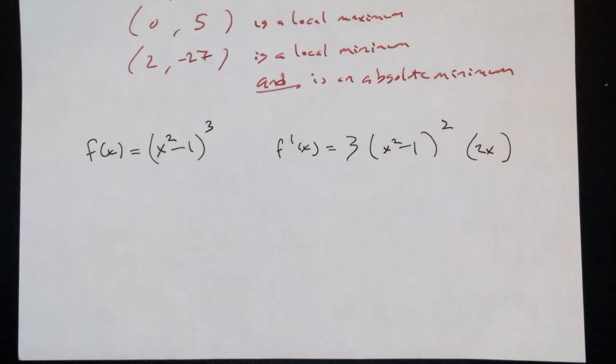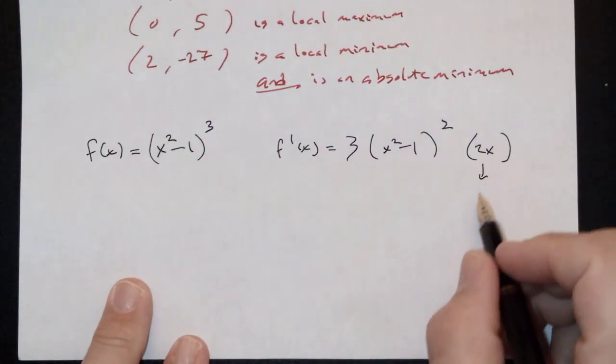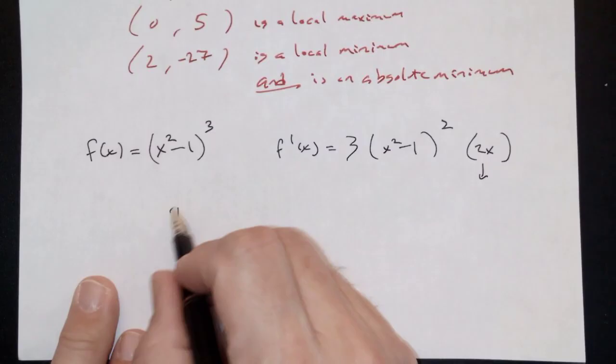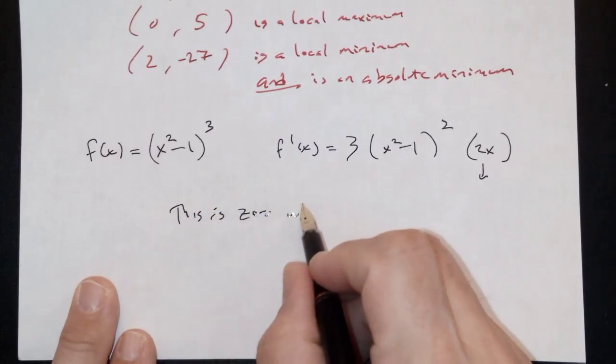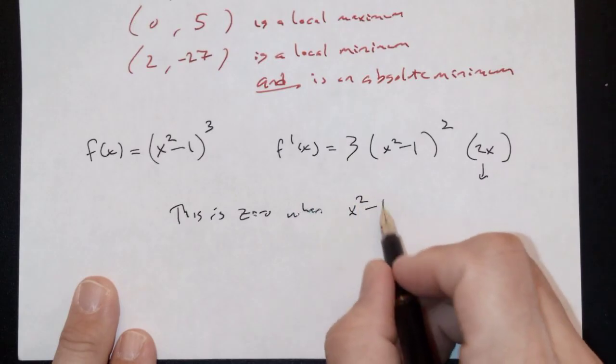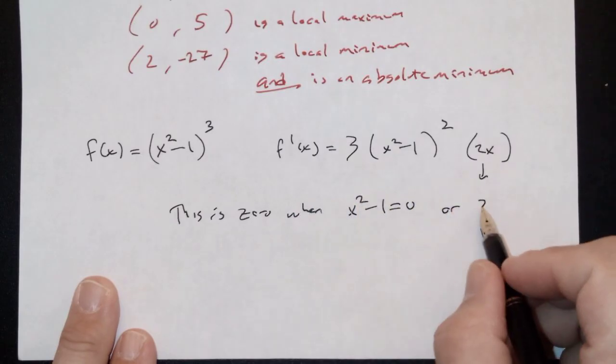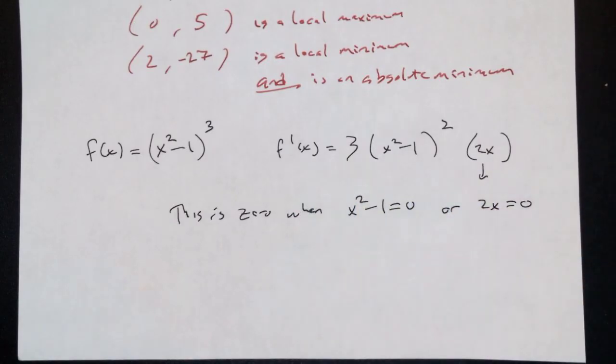It exists everywhere. The only kind of critical number I'm looking for is where it's equal to 0, and it's already factored for me. So either one of those pieces must be 0.